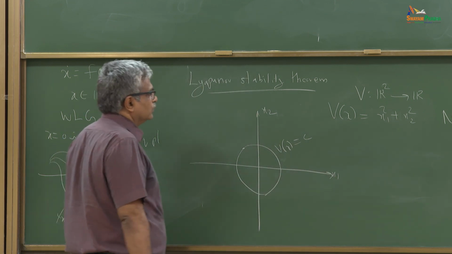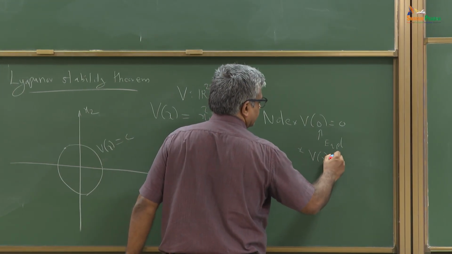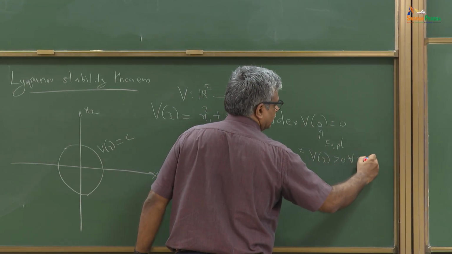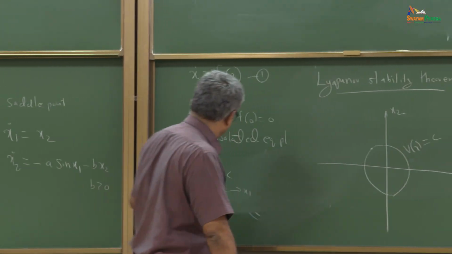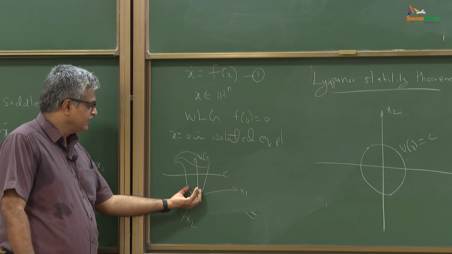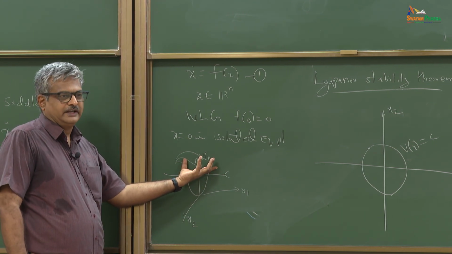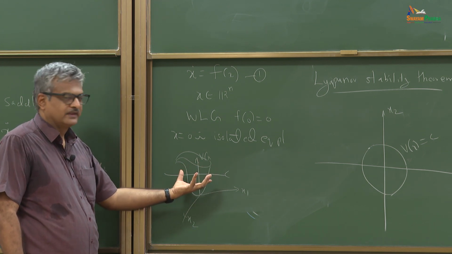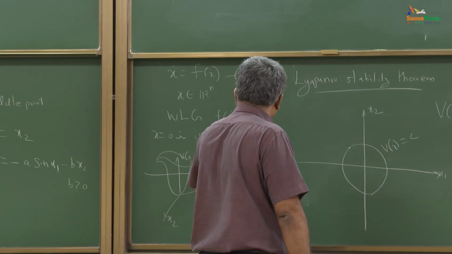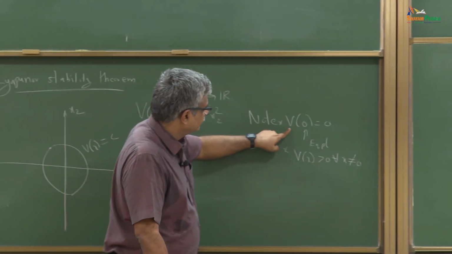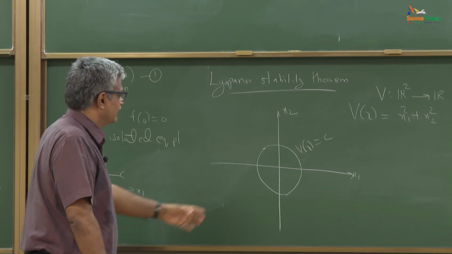The next remark I want to write here is V is positive. V is always non-negative. It takes all positive values for any x. It is 0 only at x equal to 0. So keep track of this picture, keep track of the remarks that I am writing here.